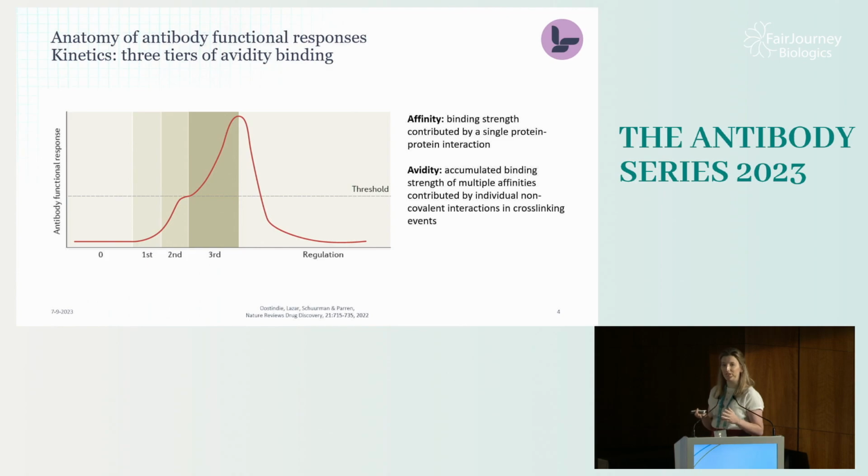And all of these three tiers of activation phases are really dependent on avidity. And to get you all on the same page, avidity here we refer to as the accumulated binding strength of multiple affinities that are contributed by individual covalent interactions and cross-linking events.